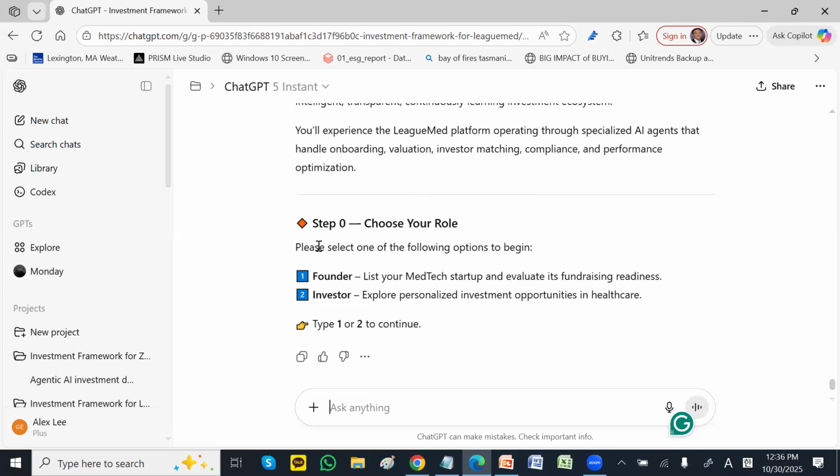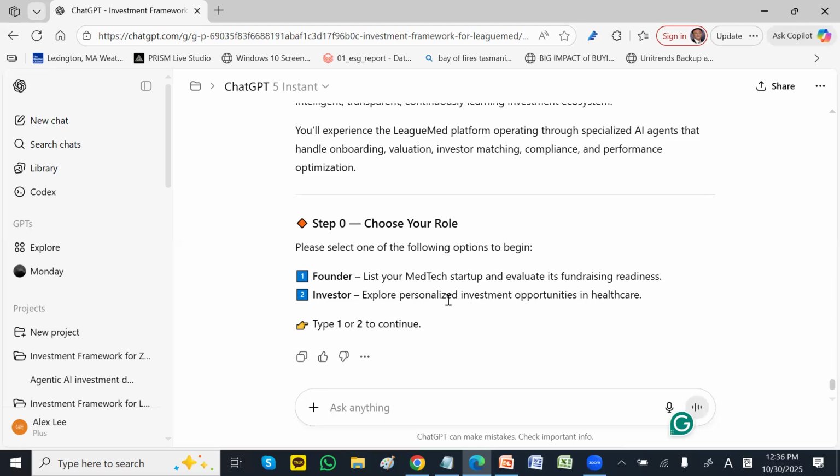And you can run this as either side, for example founder or investor, because this platform is an ecosystem, a community of founders and investors. So you can run this agentic AI to support two sides, because the best performance comes from synergy between the two stakeholders.